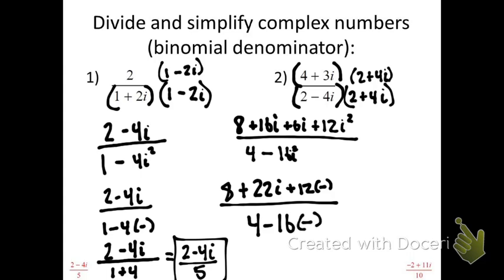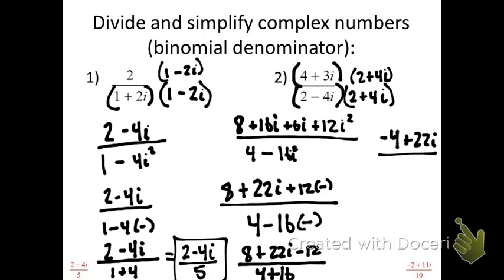Then in the next step, we have to simplify some more. So we got 8 plus 22i minus 12 over 4 plus 16. Simplify 8 minus 12 is negative 4. Bring across the positive 22i. Denominator, 4 plus 16 is 20.